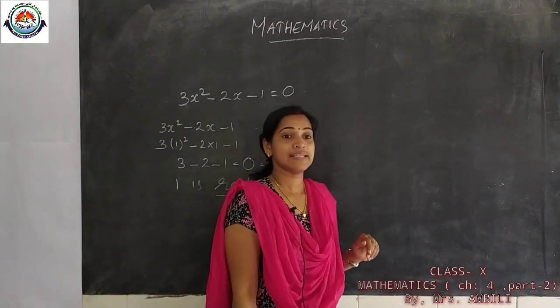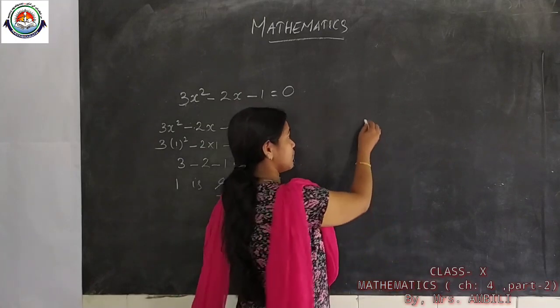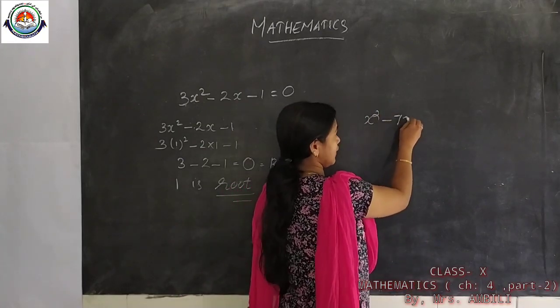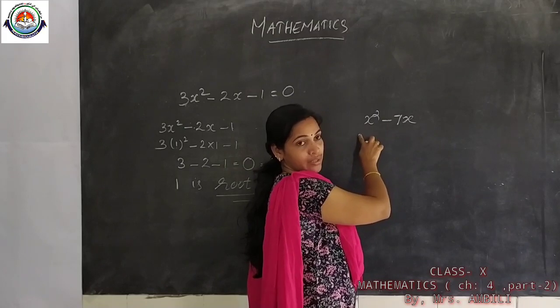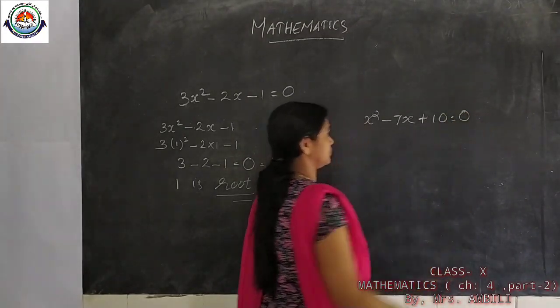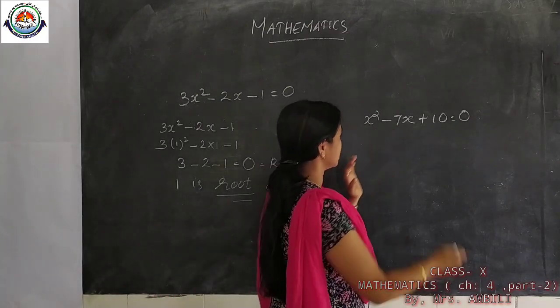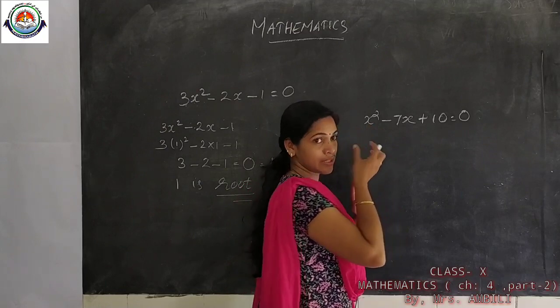Clear? Consider another quadratic equation, the second equation: x square minus 7x plus 10 equal to 0. Here, look, we are substituting 1 instead of x.